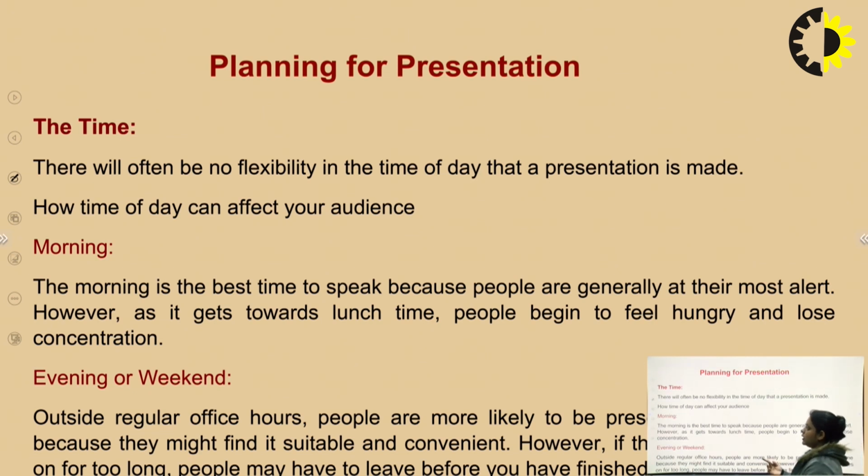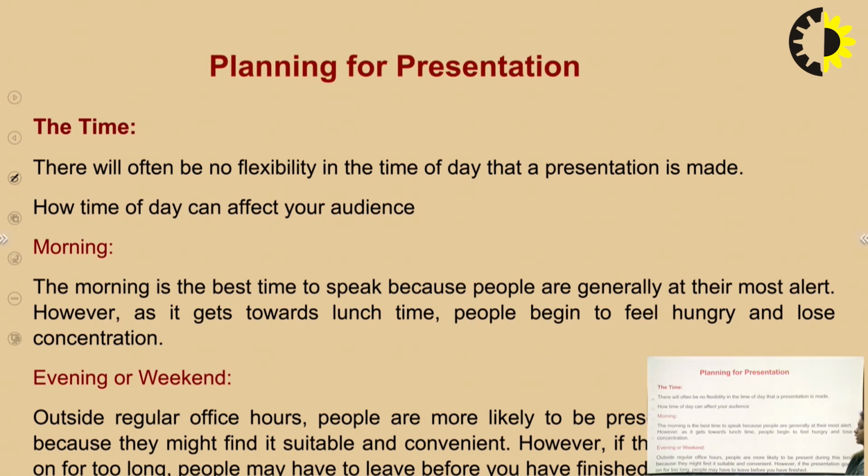So the morning is the best time to speak because people are generally at their most alert. However, as it gets towards lunchtime, people begin to feel hungry and lose concentration. Similarly, in the evening or weekend, outside regular office hours, people are more likely to be present because they might find it suitable and convenient.